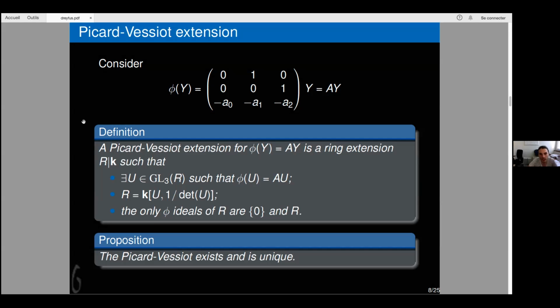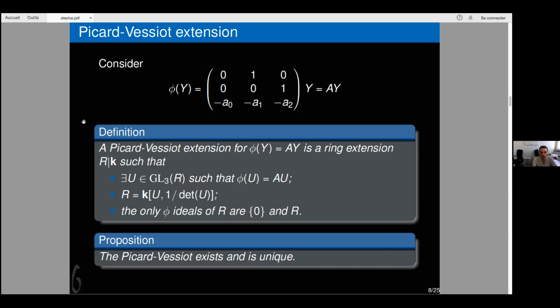Let me denote by A the matrix of the system. A Picard-Vessiot extension is kind of the analogue of the splitting field in Galois theory. It will be a ring, not a field in this setting, that contains all the solutions of the difference equation. So there is U, an invertible matrix with coefficients in a ring R, that solves the system.